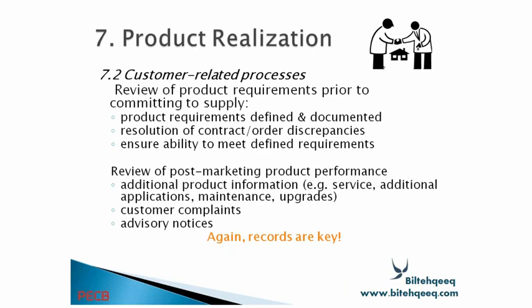Again, records are kept. So you have to keep records of each activity. So before accepting any order from the customer, you must ensure that you have well understood what he is asking and what he is requiring. And if there is any conflict, you must resolve this conflict before accepting any order.